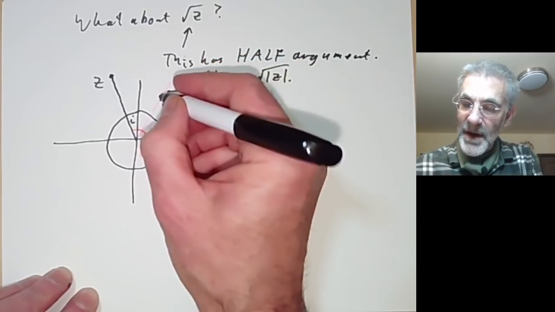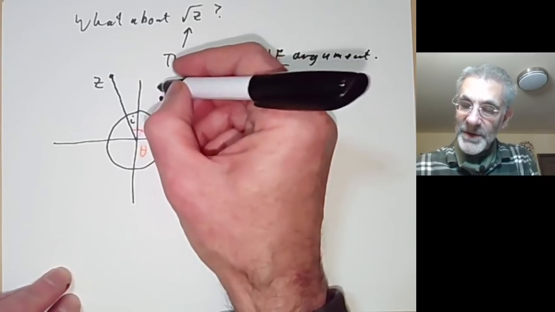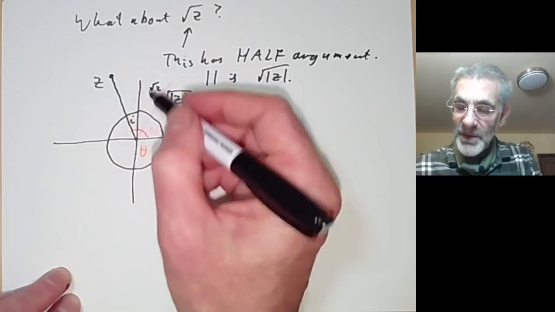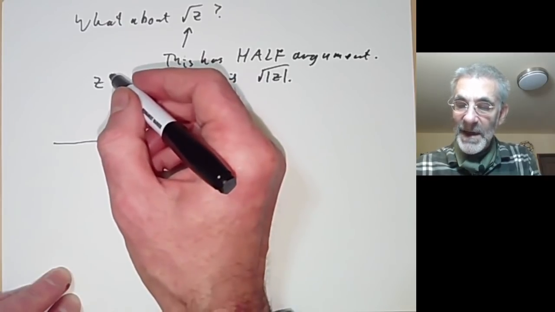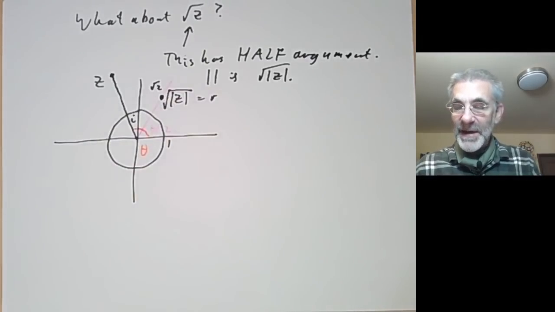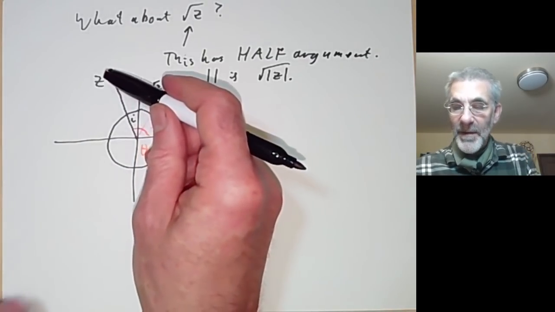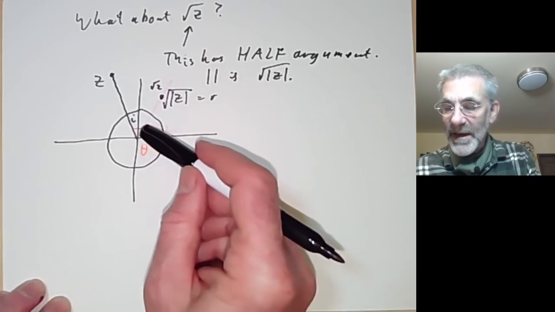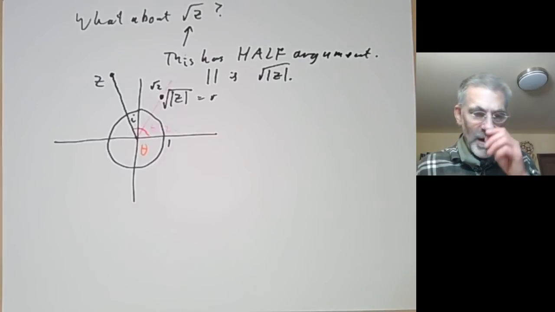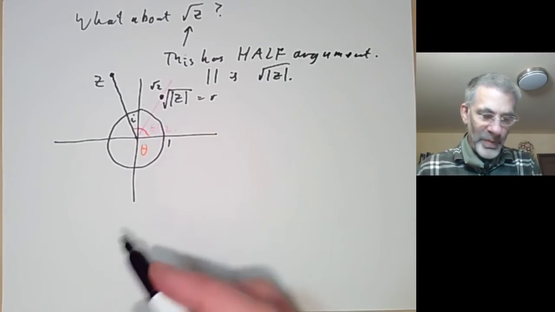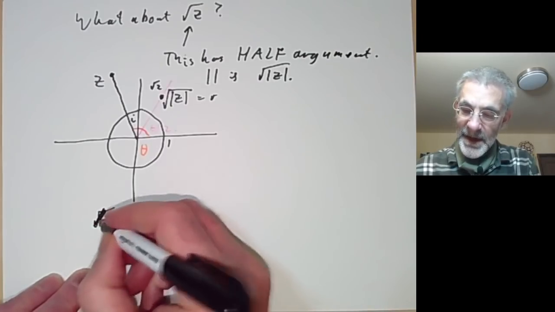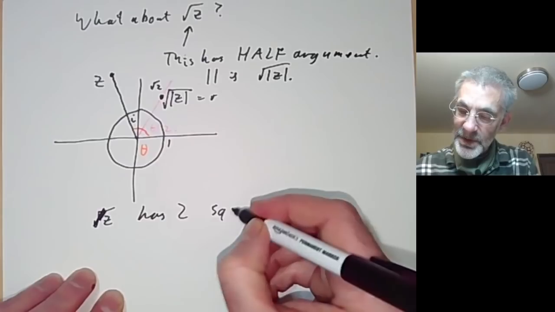So the square root of z will be here. Its argument will be half the argument of z, and its absolute value is the square root of the absolute value of z. And as you can always take square roots of positive reals, and you can always take half an angle, this shows that square roots always exist. Well, there's one slight problem. The square root of z, z has 2 square roots.